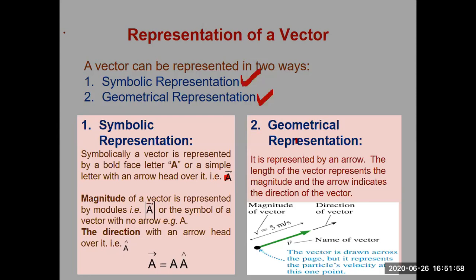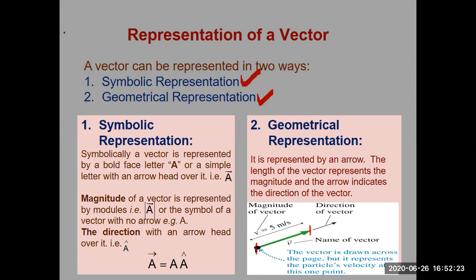Now let's look at the geometrical representation, how vectors are represented. If you look at this point, this one is A and this one is B. This point is the initial point, this one is the terminal point. The distance between the two is called the magnitude of the vector. This is the tail and this is the head, and the head shows the direction.